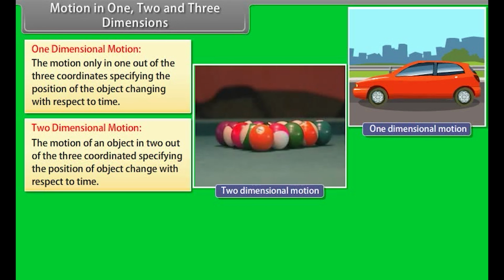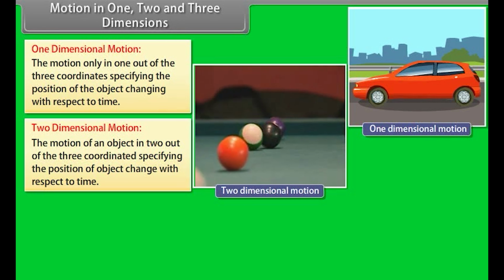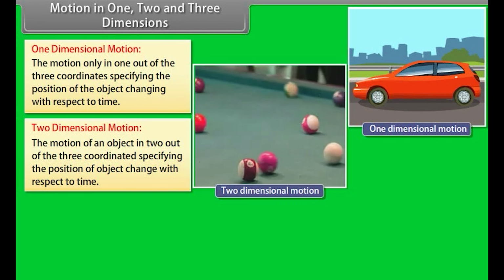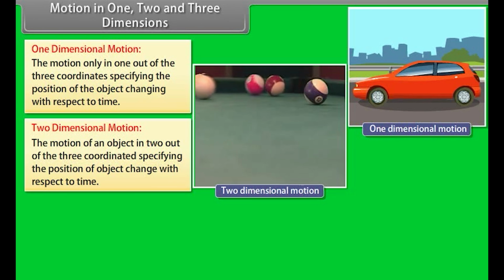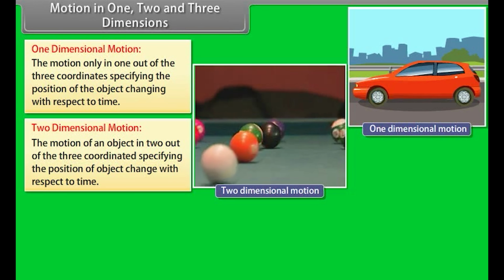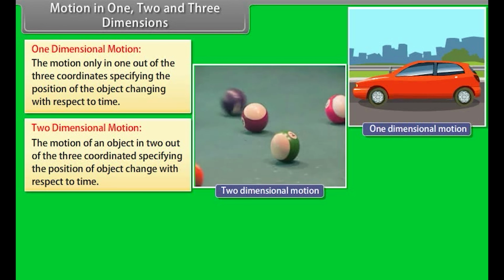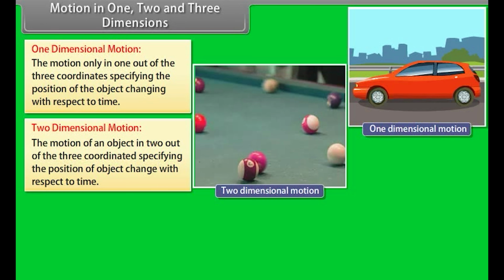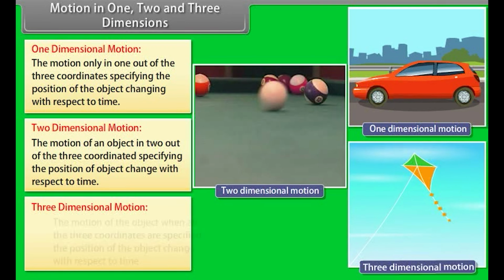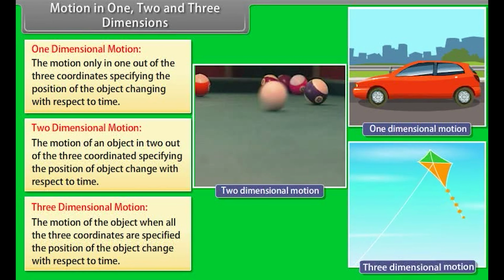The motion of an object in which 2 out of 3 coordinates specifying the position of the object change with respect to time. Example, a billiard ball moving over a billiard table. Three-dimensional motion. The motion of the object when all 3 coordinates specifying the position of the object change with respect to time. Example, a kite flying on a windy day.